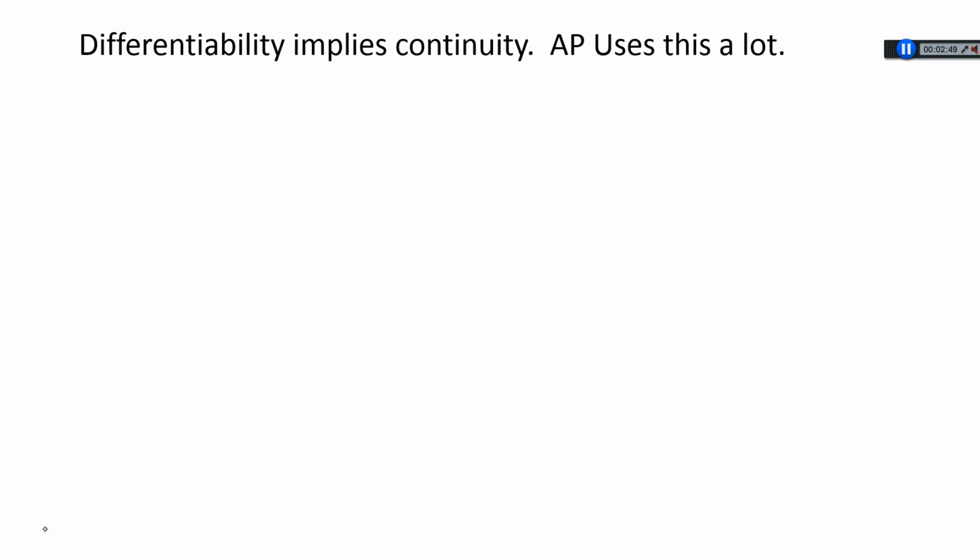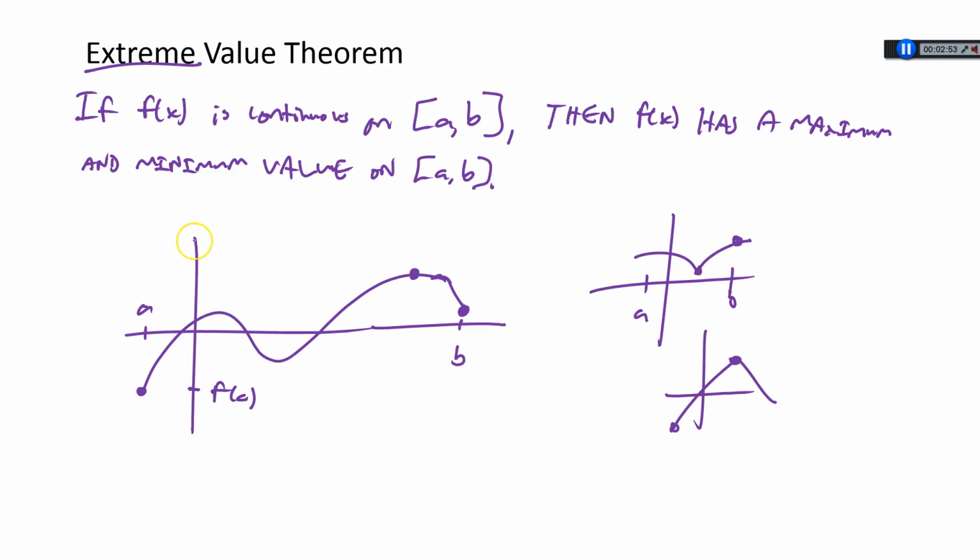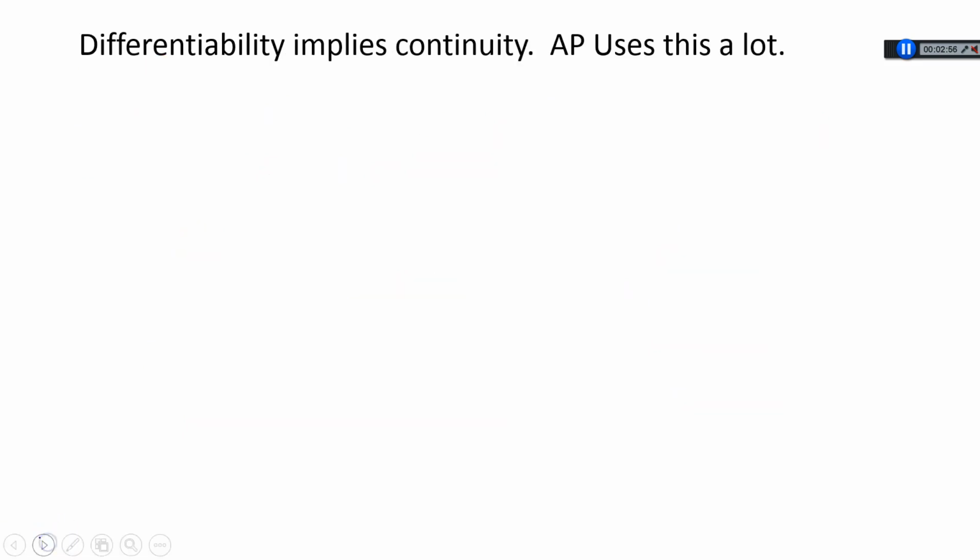So, differentiability implies continuity. AP uses this a lot. A lot of the time, they won't tell you that a function is continuous, but they will tell you that it's differentiable, and you have to infer that the function is continuous. They could say f of x is differentiable on closed [-3, 5].